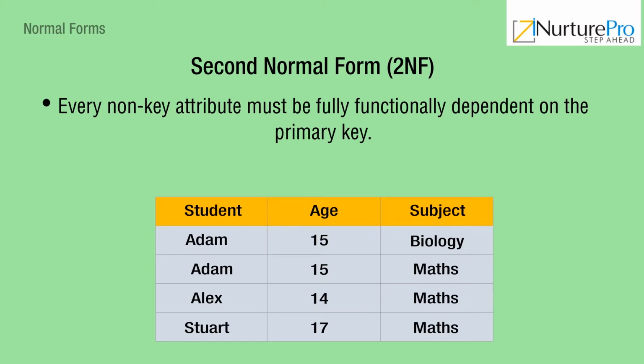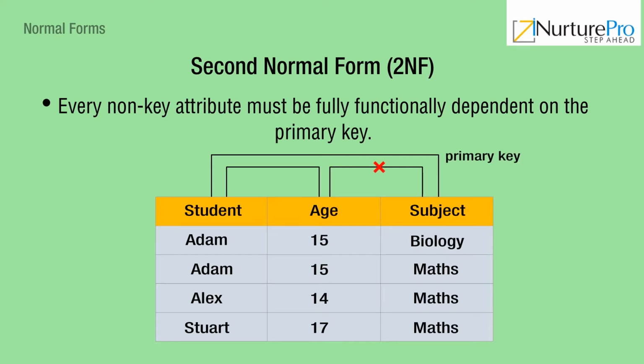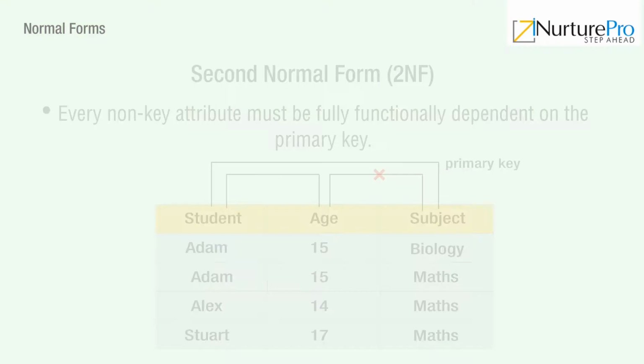In this table, the student column and subject column are combined to form a concatenated primary key. However, the table is not in second normal form because there is a partial dependency on the primary key. A non-key attribute, age, is dependent on the student column, but it is not dependent on the subject column. This shows partial dependency of the age column on the primary key.